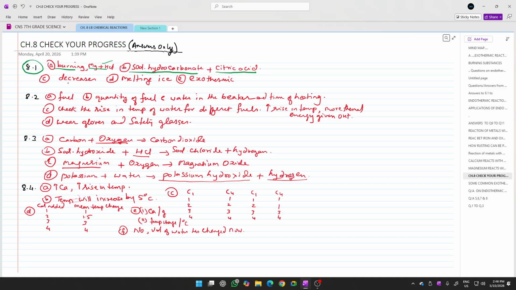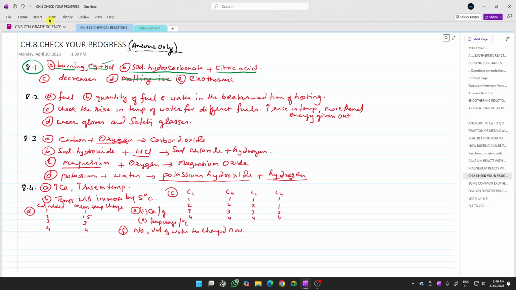Then D is an example of an endothermic process. Melting of ice is not an endothermic process, so D should be something else. Actually, yeah, melting of ice is endothermic because it is taking in the heat, right?